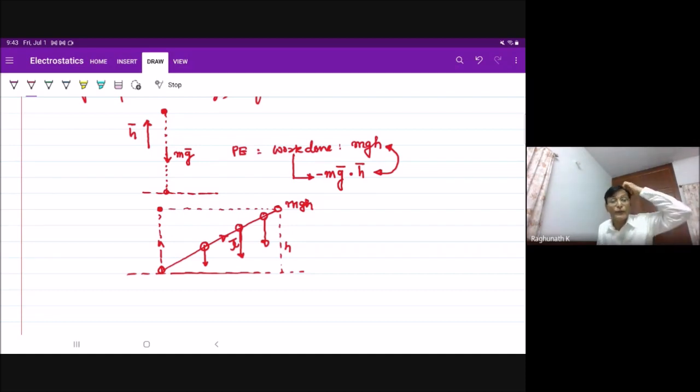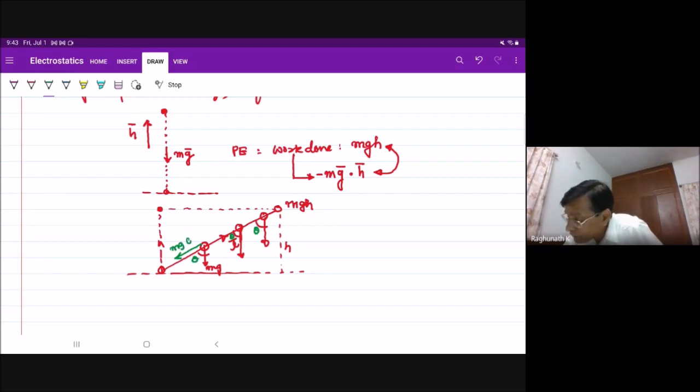And the amount of force opposing my motion along the line, if this is theta, is mg cos theta. Everywhere mg cos theta is trying to oppose the motion of this object along that line. My opposition is only mg cos theta.